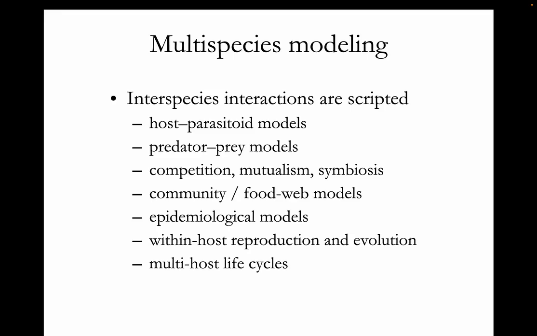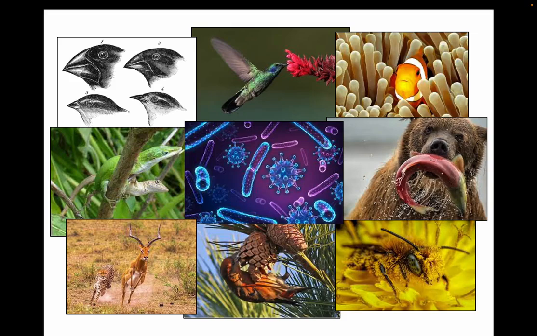In fact, you can write even more complex models, such as epidemiological models, models of within-host reproduction and evolution, and models of multi-host life cycles. With scriptability, the foundation that SLiM provides for multi-species modeling is flexible enough to accommodate all of these possibilities.